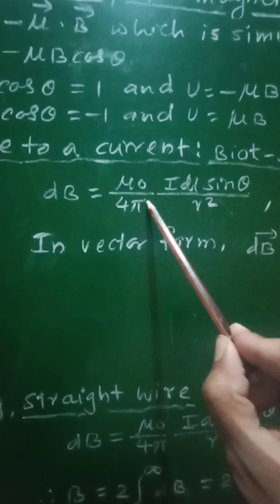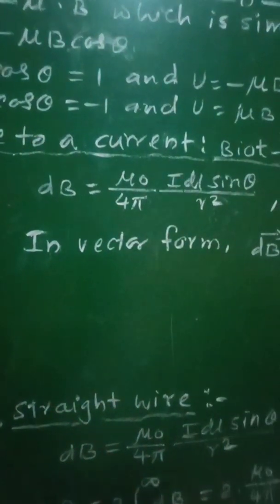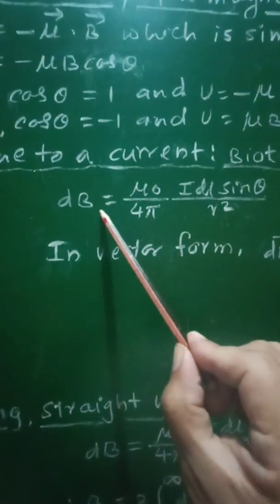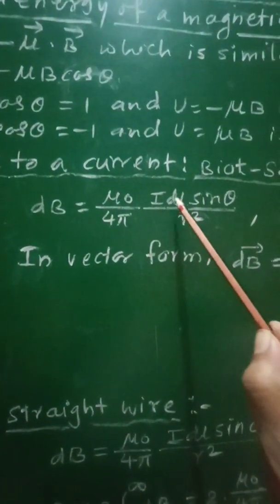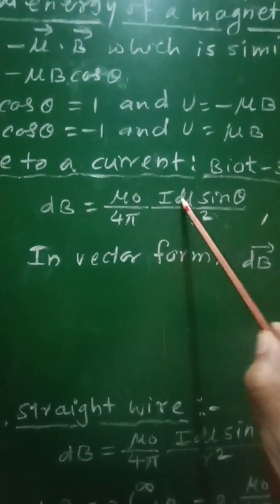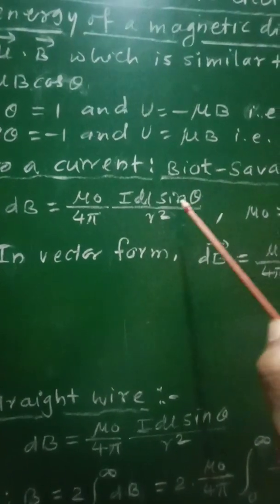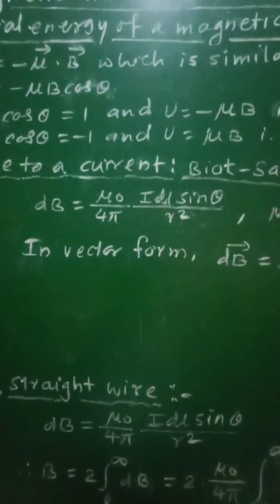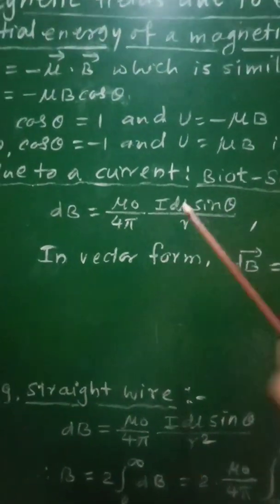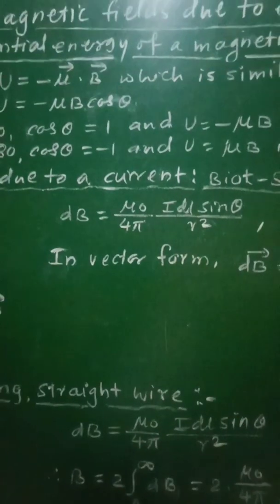So from this relation it is clear that as mu 0 upon 4 pi will be the constant factor, therefore the magnetic field dB will be directly proportional to current I, directly proportional to length of the element dl, and directly proportional to sine of the angle between the length of the element and the line joining that element to that point, that is sine theta, and it will be inversely proportional to square of the distance between the element and that point.